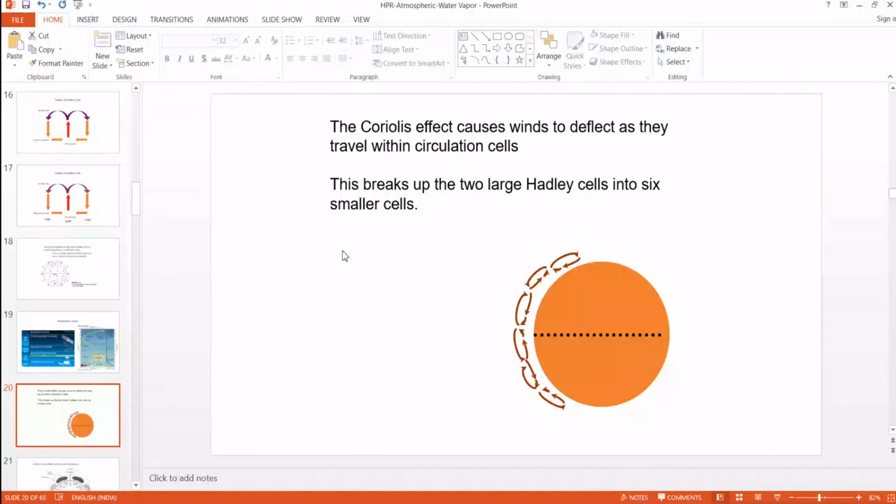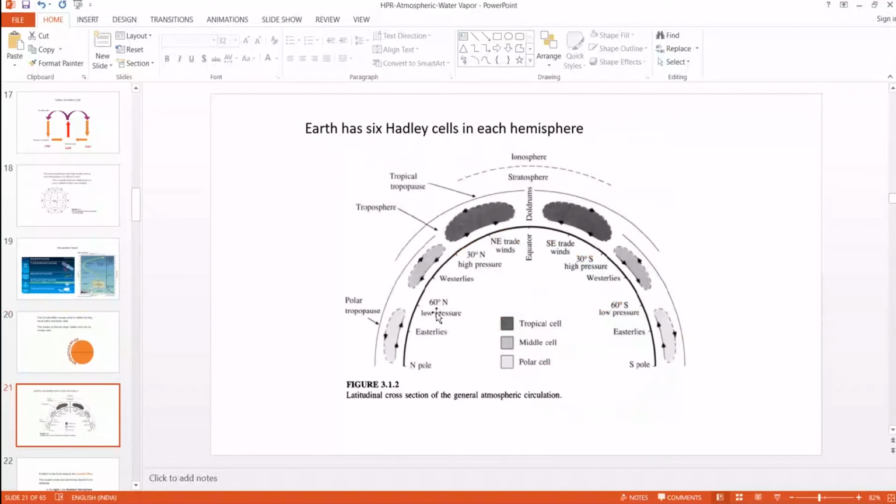Due to this Coriolis effect, the Hadley cycle changes. If the Earth were not rotating, there would be only two Hadley cycles. But due to Coriolis forces, the Hadley cycle is broken into three small cells, and totally there are six cells in one hemisphere.